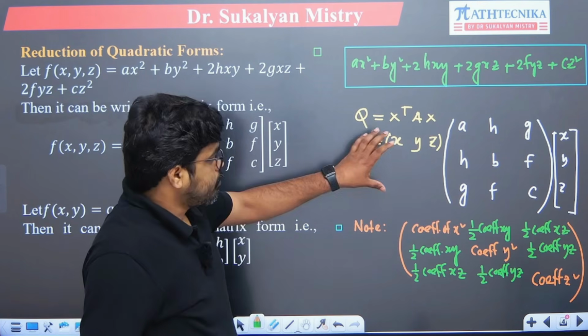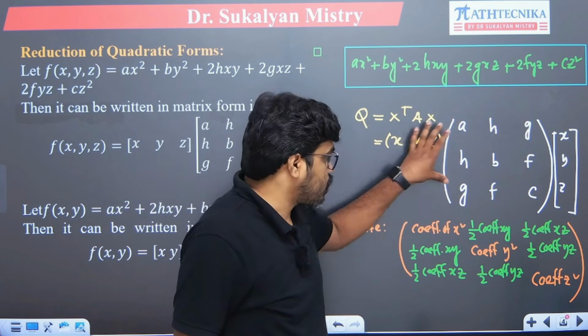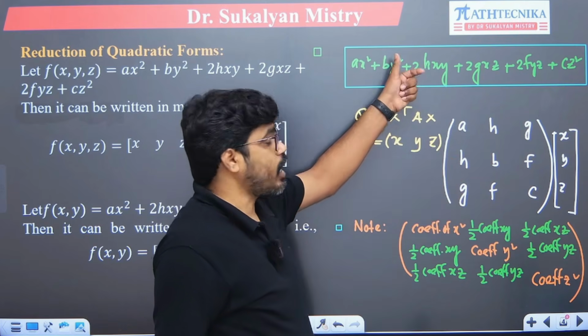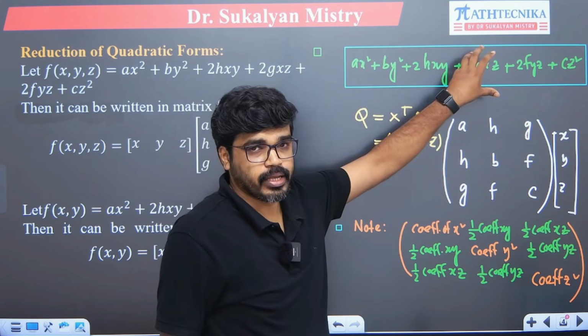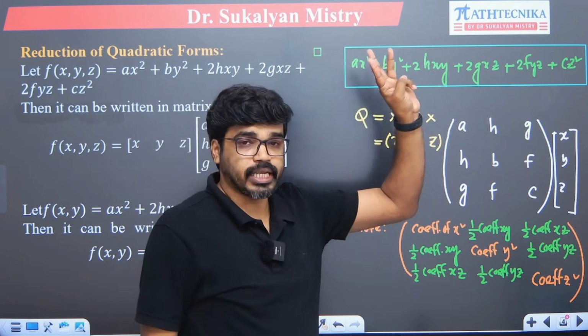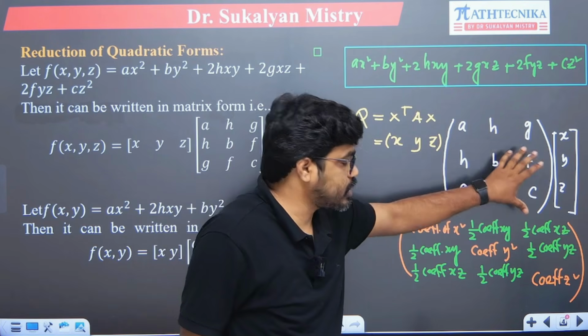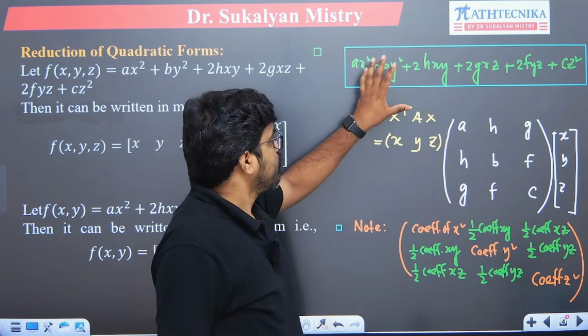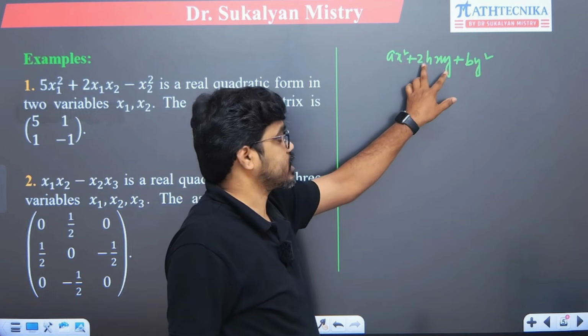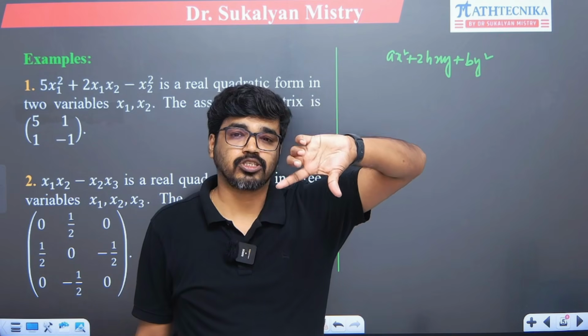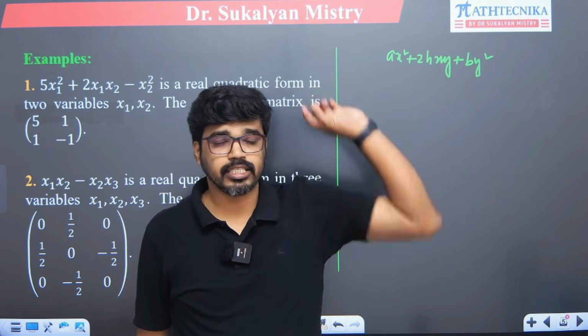So the order of the matrix depends on the number of variables. Okay, as many unknowns as there are, here x, y, z are three unknowns, so we get a 3 cross 3 real symmetric matrix. If we have 2 variables, suppose x and y, we get a 2 cross 2 real symmetric matrix.